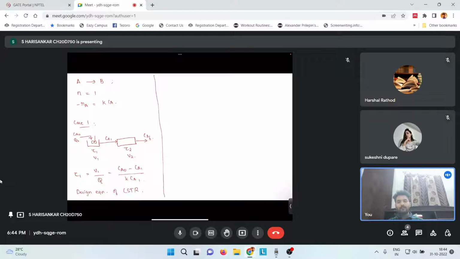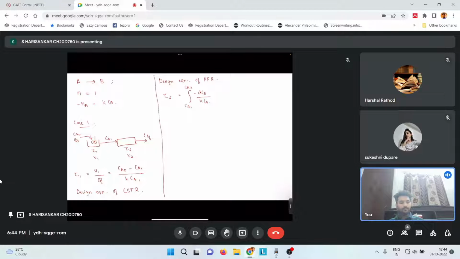Now, if we write the design equation of the PFR, tau2 will be equal to the integral from Ca1 to CaF of minus dCa by minus Ra, and minus Ra will be K Ca. So this will be the design equation of the PFR.